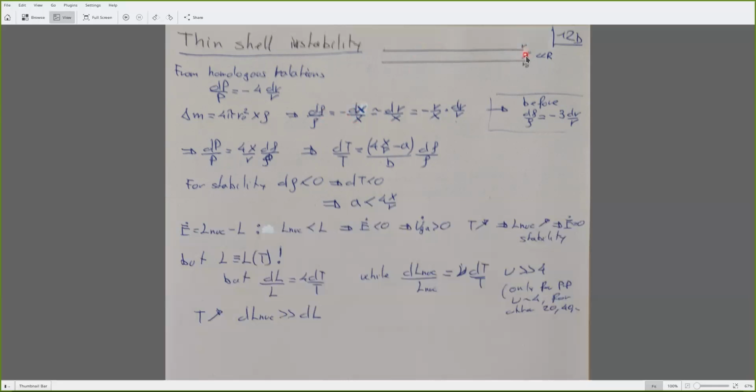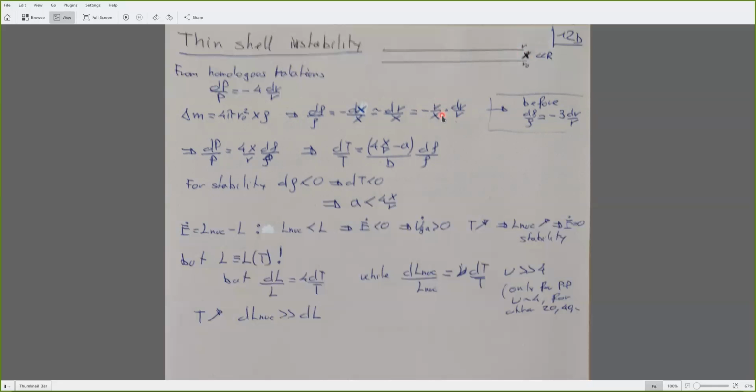The variation of x is essentially the same as the variation of the radius. So we have delta radius divided by x, and multiplying and dividing by the radius, the relative variation of the density is proportional to the relative variation of the radius multiplied by minus the radius divided by how thin the shell is.